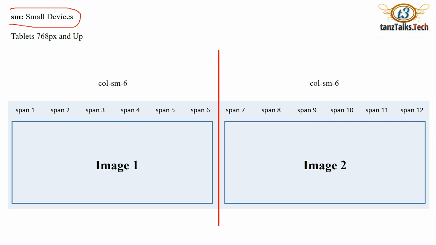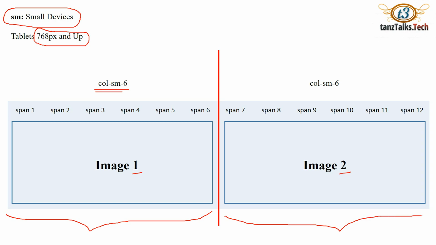Then in the small screens, that is the SM, with the screen size of 768 pixels and up, I'm using col-sm-6. This divides the screen into 2 equal halves, so that means it will have 2 images in one row on the screen, and both of these columns have a size of 6.